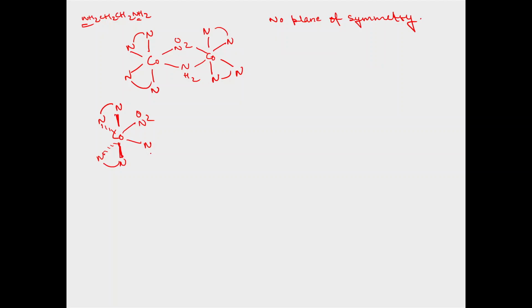NO2, NH2, Co, and N. So one possible isomer of this is this orientation, but here we can see that a plane of symmetry lies here.